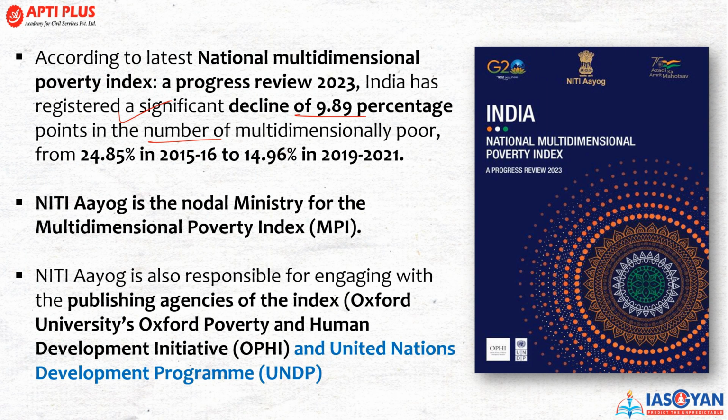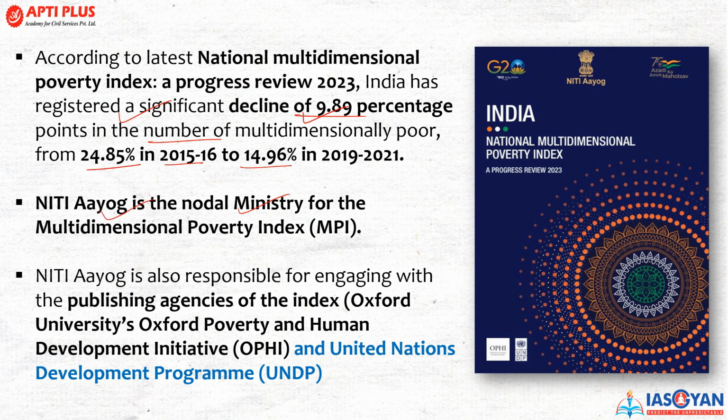Earlier the number was 24.85% and at present the percentage is 14.9%. So it's a drastic decrease of close to 9.89%, approximately 10%, right? And NITI Aayog is the nodal ministry for the National Multidimensional Poverty Index. So this is something factually important.